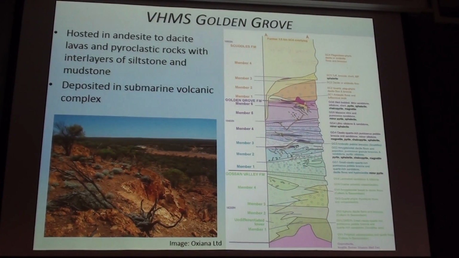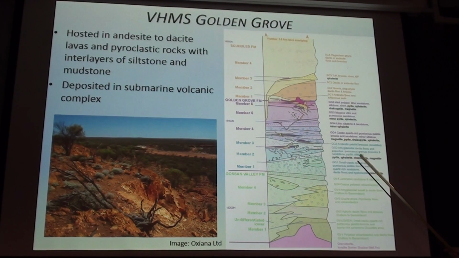One example of a VHMS deposit is Golden Grove, where I spent a few weeks over summer. And this is hosted in dacites and andesites, and you can see this is a stratigraphic column of the regional geology. Basically, we've got a series of lavas and tuffs and breccias and submarine sedimentary rocks.